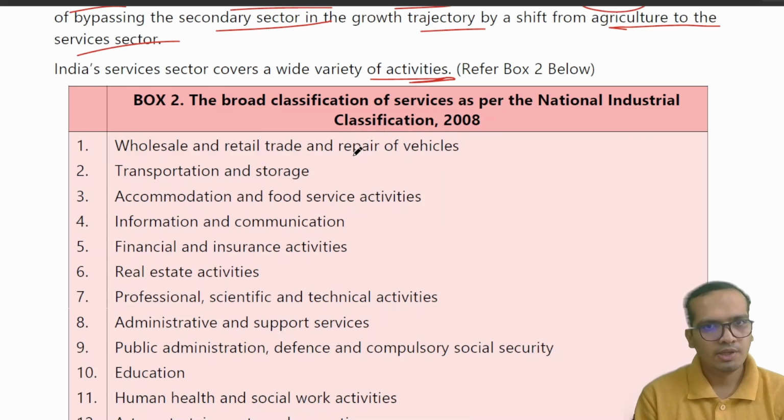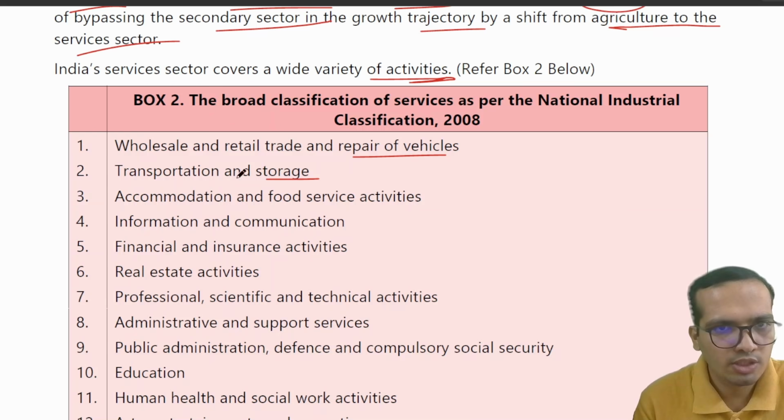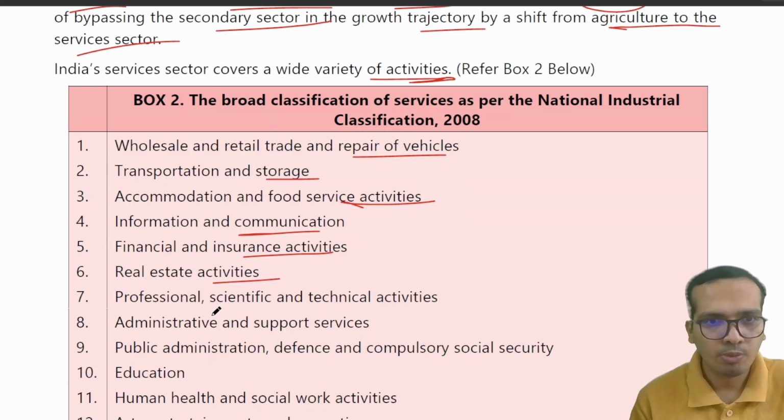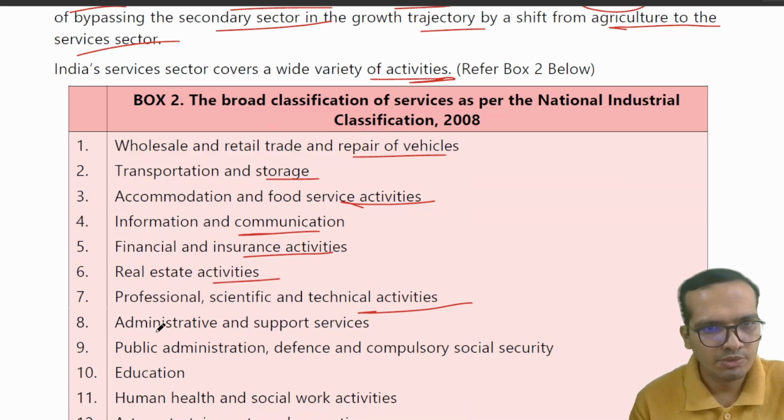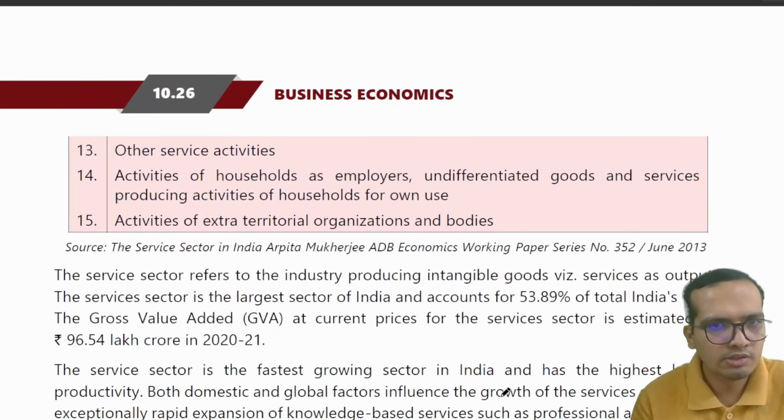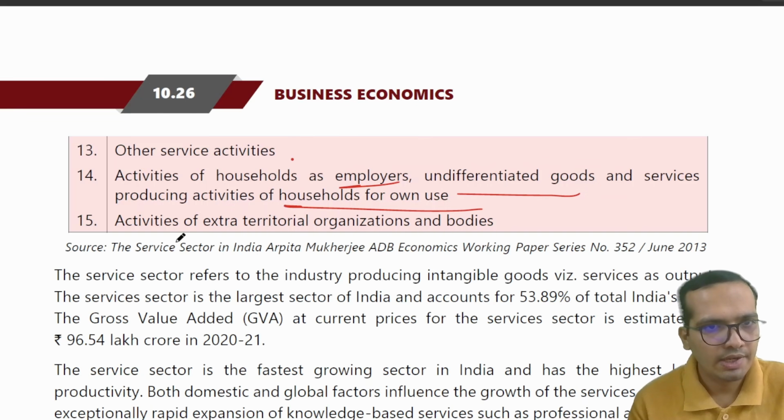Wholesale and retail activity, repairs of vehicles, transportation and storage, accommodation and food service activities, information and communication, financial and insurance activities, real estate activities, professional, scientific and technical activities, administrative and support services, public administration, defense and compulsory social security, education, human health and social work activities, arts, entertainment and recreation, other service activities, activities of households as employers, undifferentiated goods and service producing activities of households for own use, activities of extraterritorial organizations and bodies.